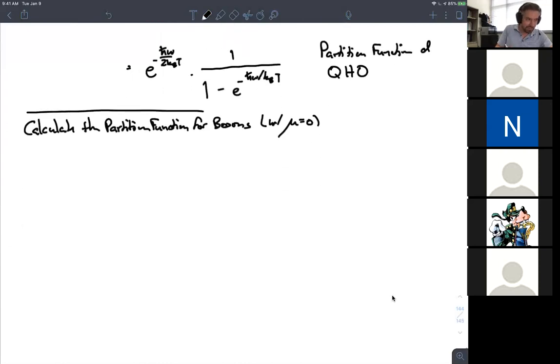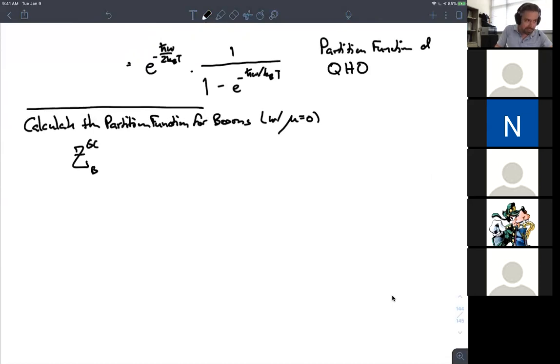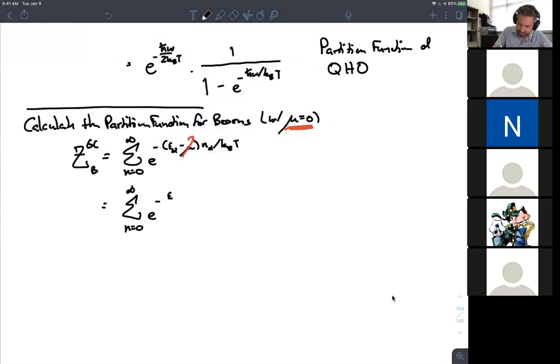Then our partition function for bosons in the grand canonical ensemble was the sum from n equals 0 to infinity of e to the minus epsilon alpha minus mu n alpha over kBT. And again, if we set the chemical potential equal to 0, that term goes away, and what we have is the sum to infinity of e to the minus epsilon alpha over kBT times n alpha. In other words, it's the same thing.